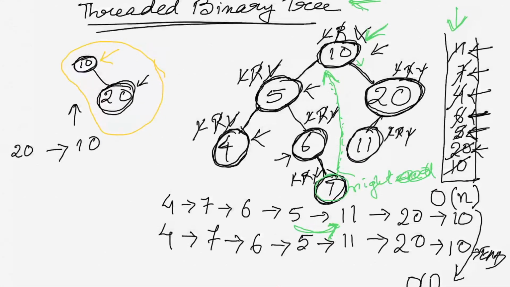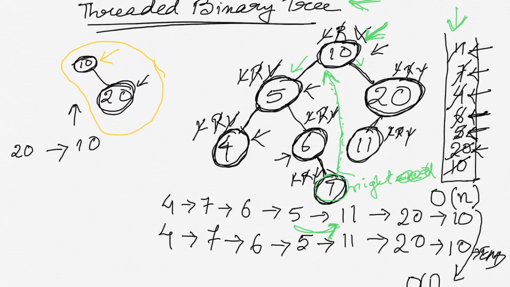So whenever we are at any node, we will first check if the predecessor has already been computed for that or not. And when I say predecessor, it is the in order predecessor. So for 10, the in order predecessor is 7. We do that, and we move on to its left child, and then we do the same thing for the left child.